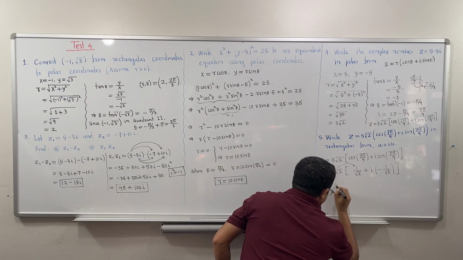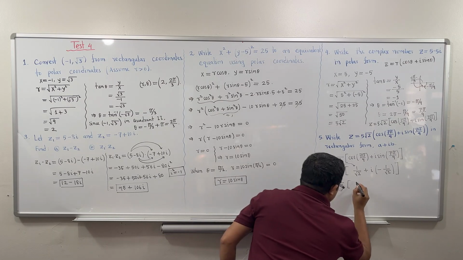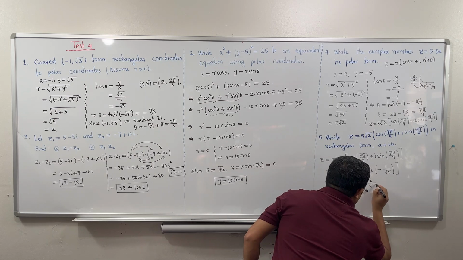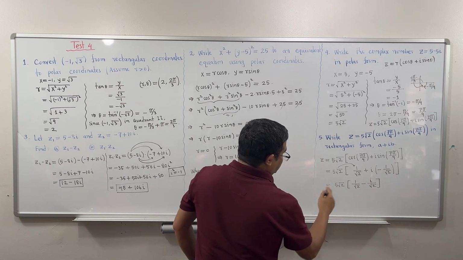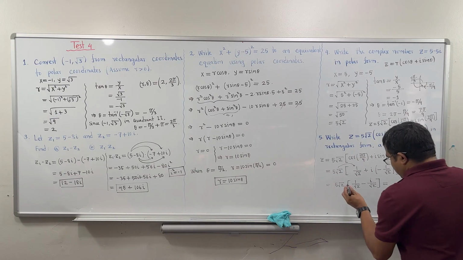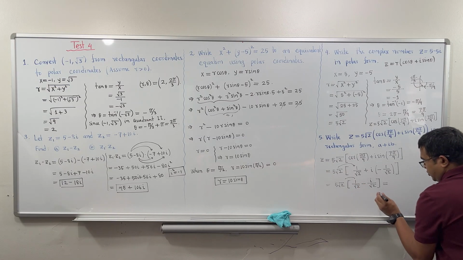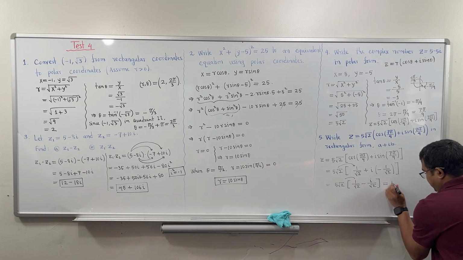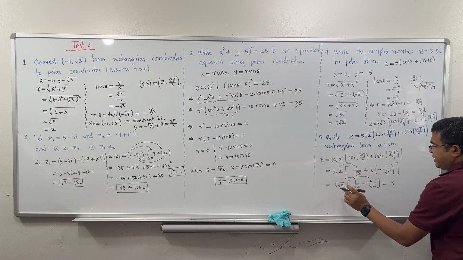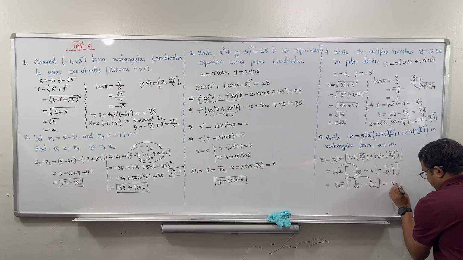So 5 square root of 2, then 1 over square root of 2 minus i over square root of 2. Now if you multiply these two, this square root of 2 and that square root of 2 will cancel, it would be only 5, and if you multiply these two, this square root of 2 and that one will also cancel, and we will have minus 5i.